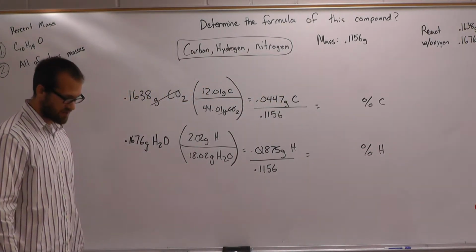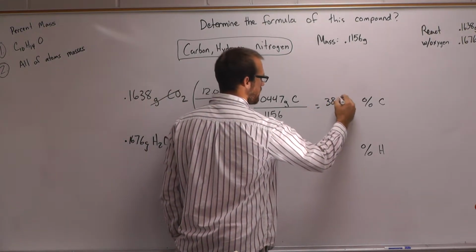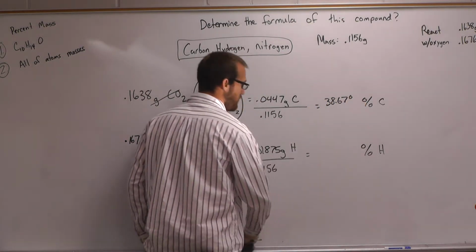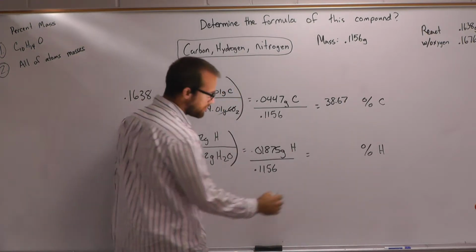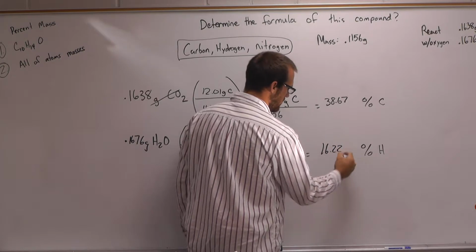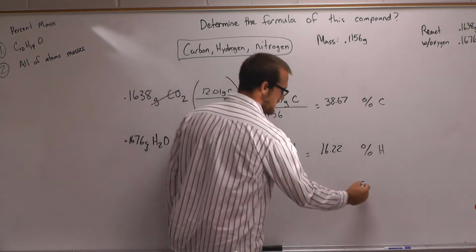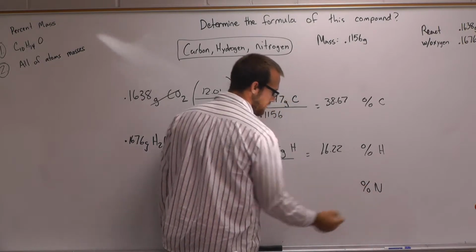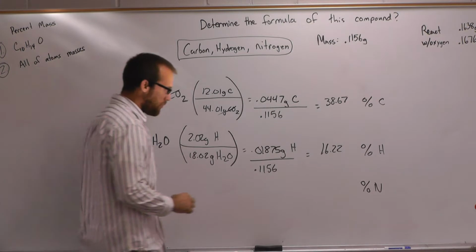For the sake of time, I'll just give it to you. 38.67. So percent hydrogen, 16.22. And add those two together and subtract from 100 to get percent nitrogen. Everyone following the process of figuring that out? 45.11.